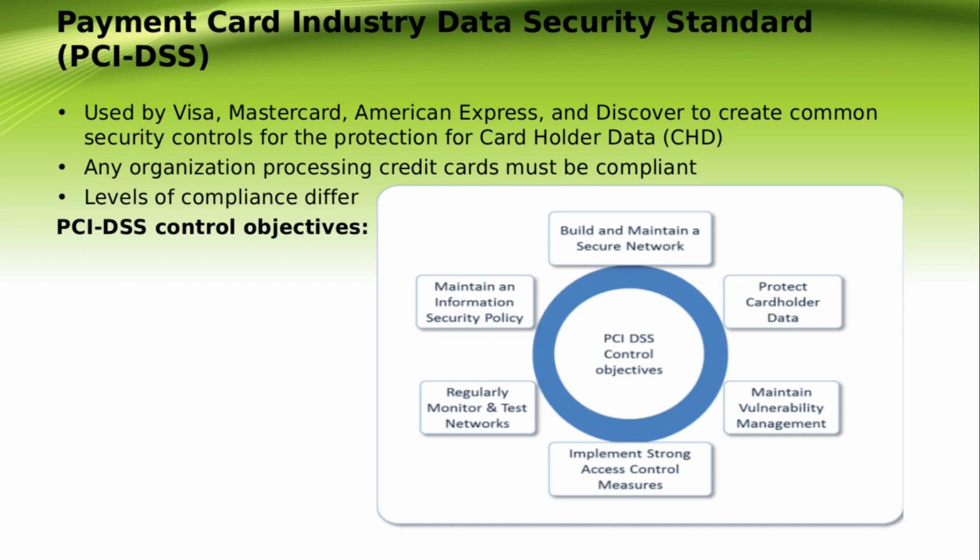The PCI DSS control objectives are very clear: build and maintain a secure network, protect cardholder data, maintain vulnerability management, implement strong access control measures, regularly monitor and test networks, and maintain an information security policy. These are the PCI DSS control objectives. This is well prepared, very useful information.